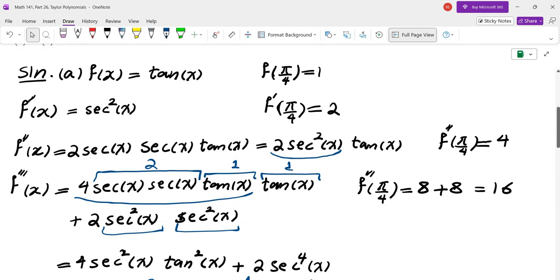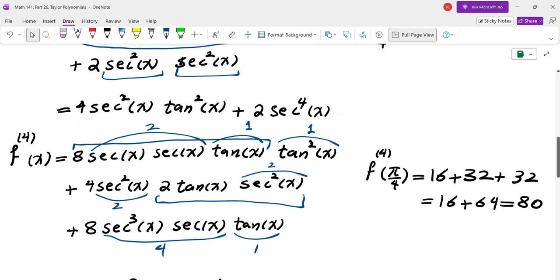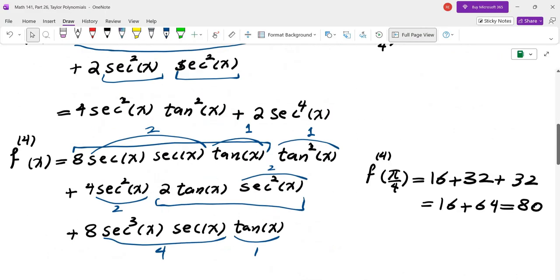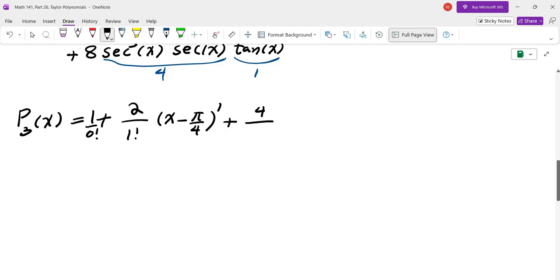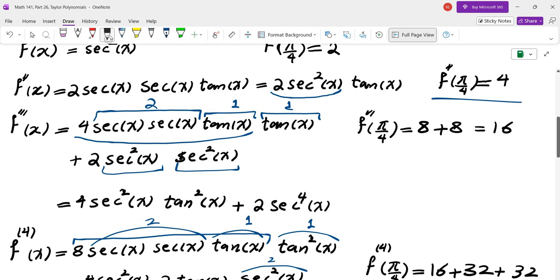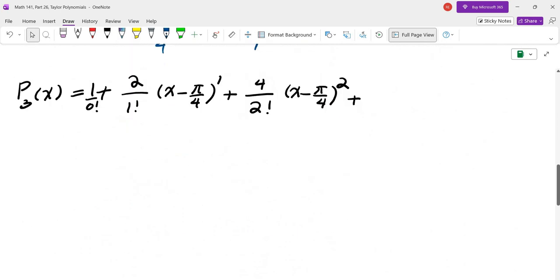The next derivative is 4. We found it here. That's the second derivative divided by 2 factorial, x minus pi over 4 squared. And the next derivative is 16. This is the next derivative that we found, 16 divided by 3 factorial, x minus pi over 4 cubed.